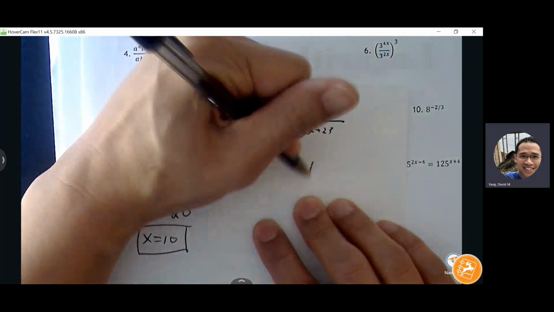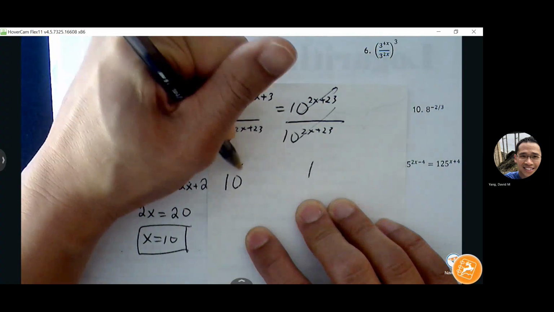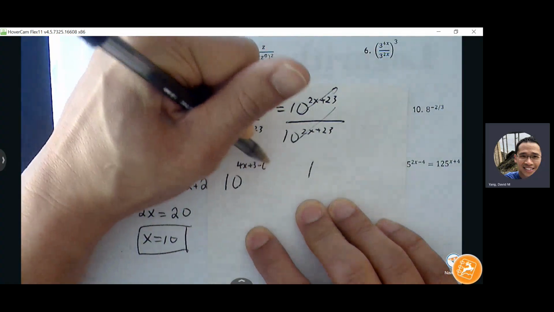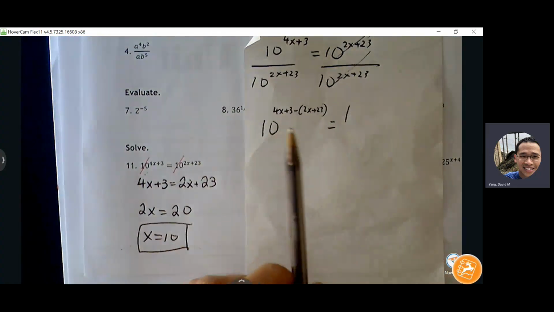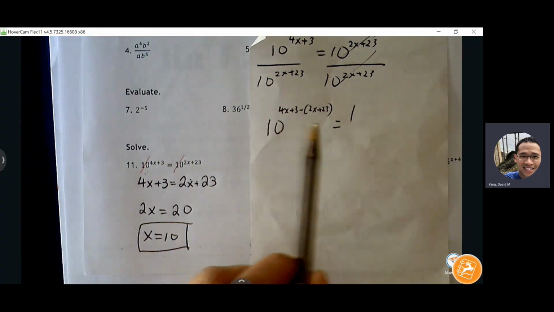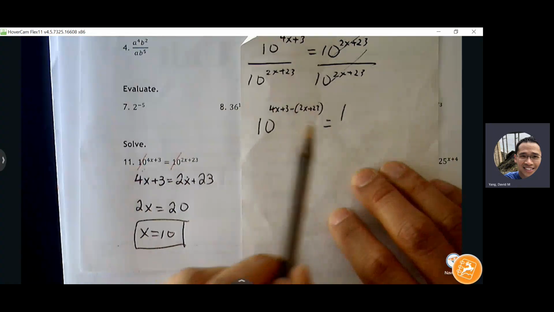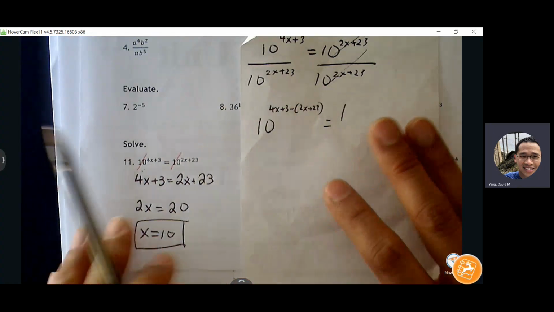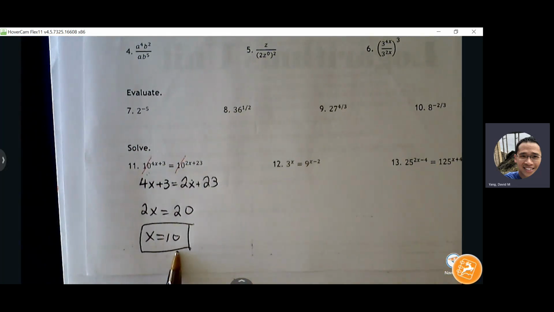So this becomes 1, but then you're left with 10 to the 4x plus 3 minus 2x plus 2, equals 1. You can solve it this way, but then the bases don't match. You have to do natural log. You have to involve exponentials. So you can solve it this way, we'll talk about that later. But the bases are the same, so that could clean up our process a lot faster.